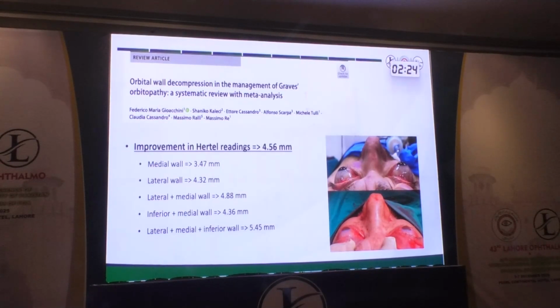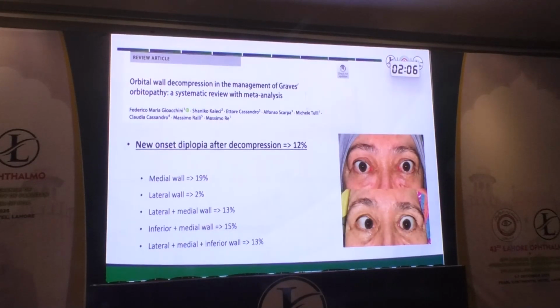The average correction of proptosis is 4.5 millimeters, but this depends on the patient and can be higher or lower than that. And it's higher in balanced decompression, close to 5 millimeters, and over 5 millimeters with 3-wall decompression. Diplopia can happen in 12% of the patients. The risk is highest in medial wall decompression and lowest in lateral wall decompression.